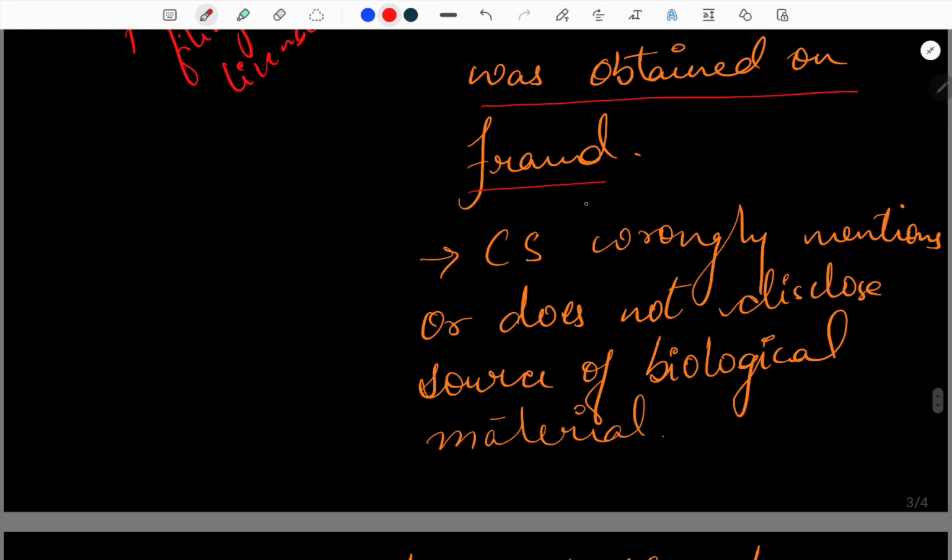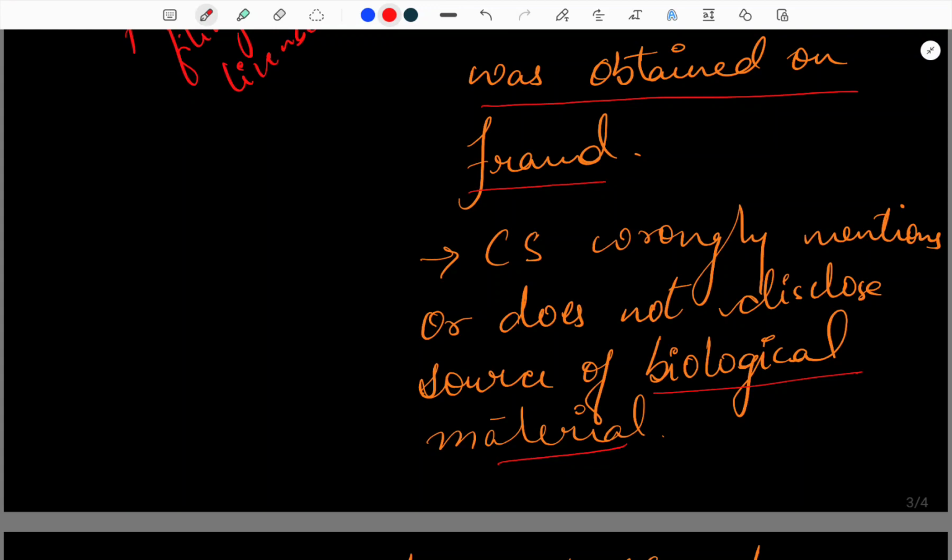Or the CS, that means complete specification, wrongly mentions or does not disclose the source of biological material, that is the National Biodiversity Act. As per that act, if you are using any biological material in your patent, then you need to disclose the source of that biological material in the patent.